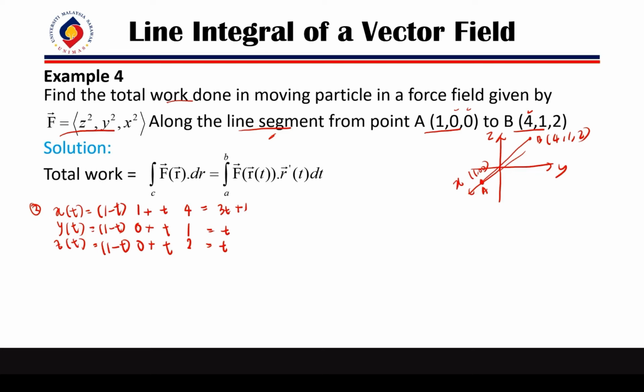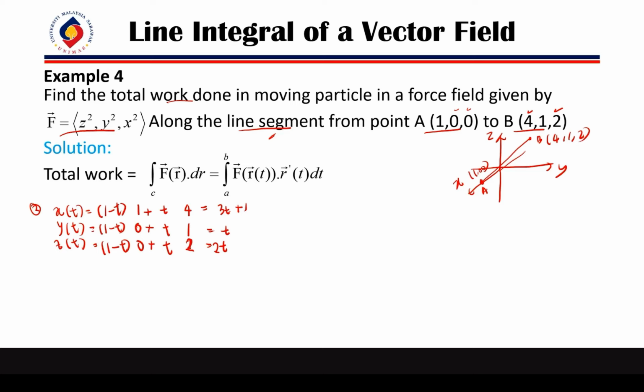Oh sorry, this is 2t here, sorry, this is 4 and 1, and this is 2, right? So here is 2t. When we substitute t equal to 1, we get 2 here.